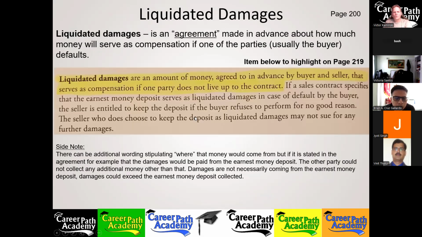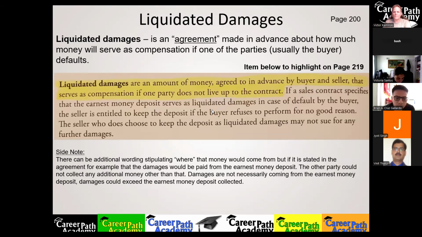Now, liquidated damages. What are liquidated damages? Liquidated damages is an agreement. Well, what is it an agreement about? It's an agreement about how much money will serve as compensation in the event that someone breaches a contract.